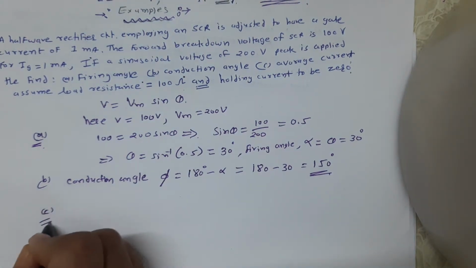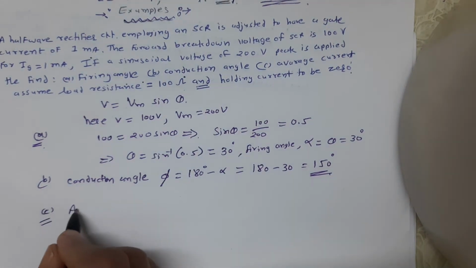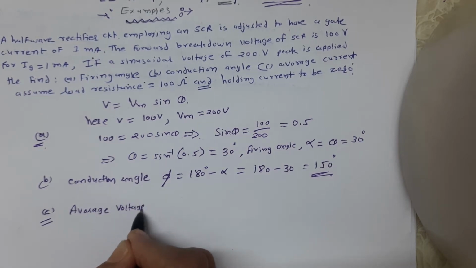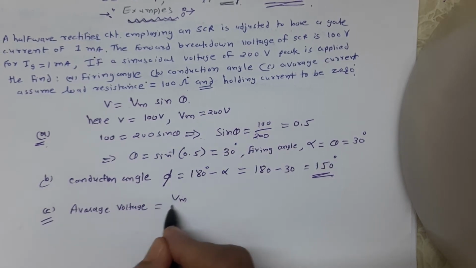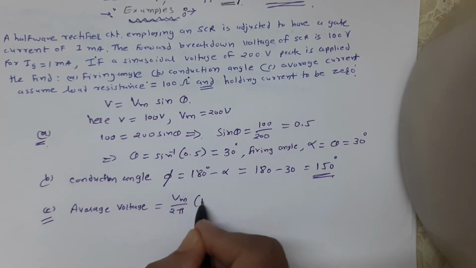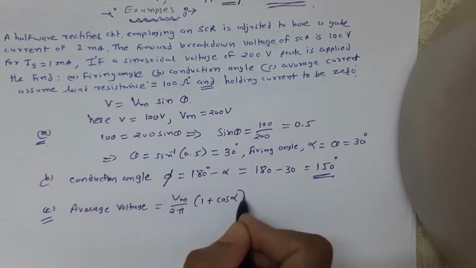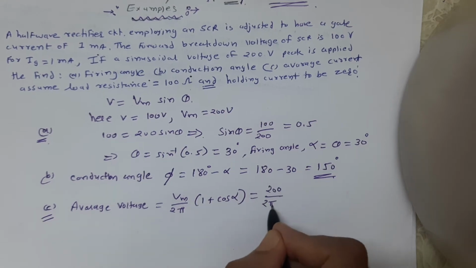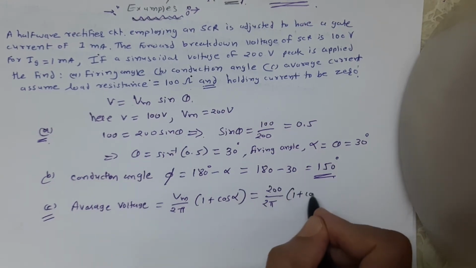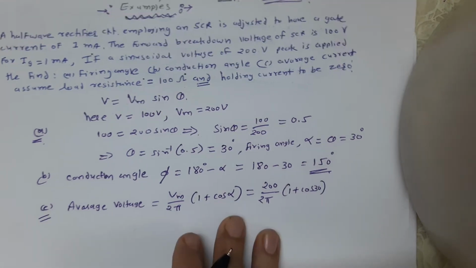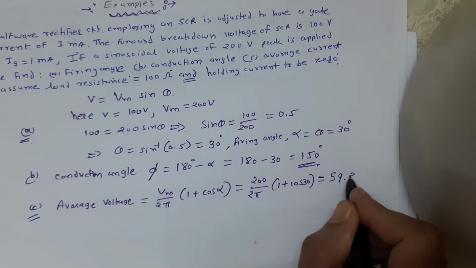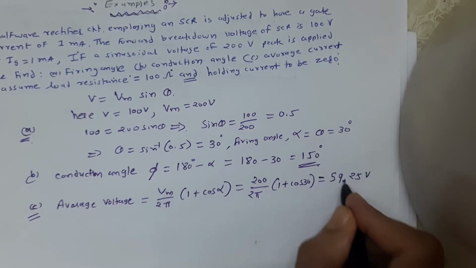Then third, average voltage. Average voltage is equal to Vm upon 2 pi times (1 plus cos alpha), which is 200 upon 2 pi times (1 plus cos 30), and it is equal to 59.25 volt.